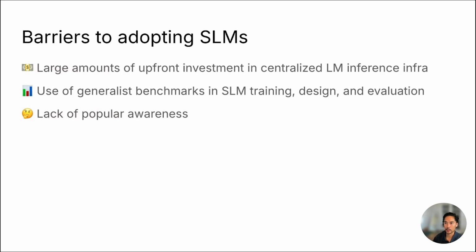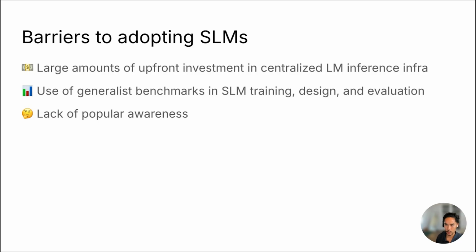The second one is about unfair use of generalist benchmarks to compare these SLMs to LLMs. Obviously, LLMs will do better in a benchmark that is composed of a wide variety of different tasks.